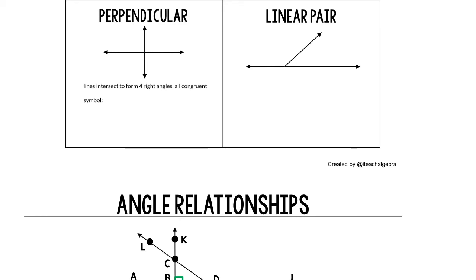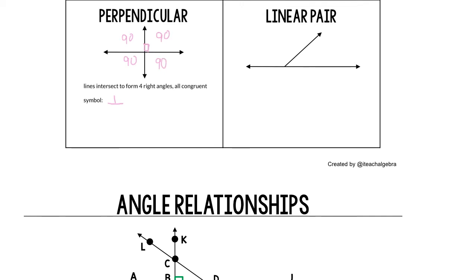The symbol for perpendicular lines is like an upside down T. So these all form right angles. That means they've all got the little box here at the vertex. That means they're all 90 degrees because all the way around the circle, it's 360 degrees. If we add up 90 four times, that gives us 360.